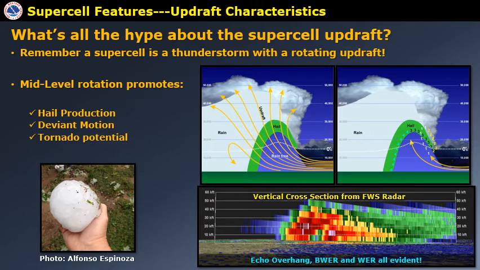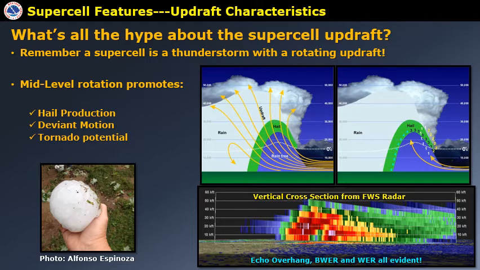Now, if we examine the conceptual model of a quasi-steady state updraft in the top two left panels, we see that a quasi-steady state updraft allows for favorable hail embryo trajectories that keep these ice particles suspended for longer periods of time in the cloud.